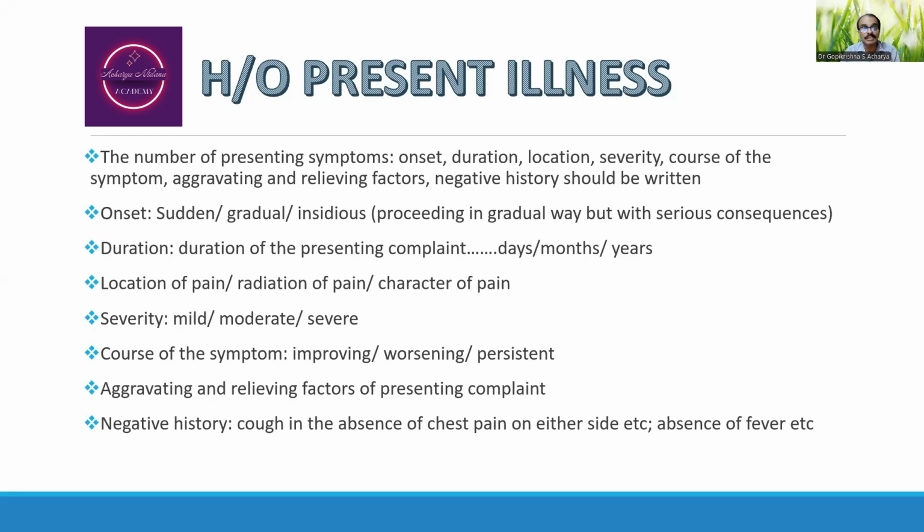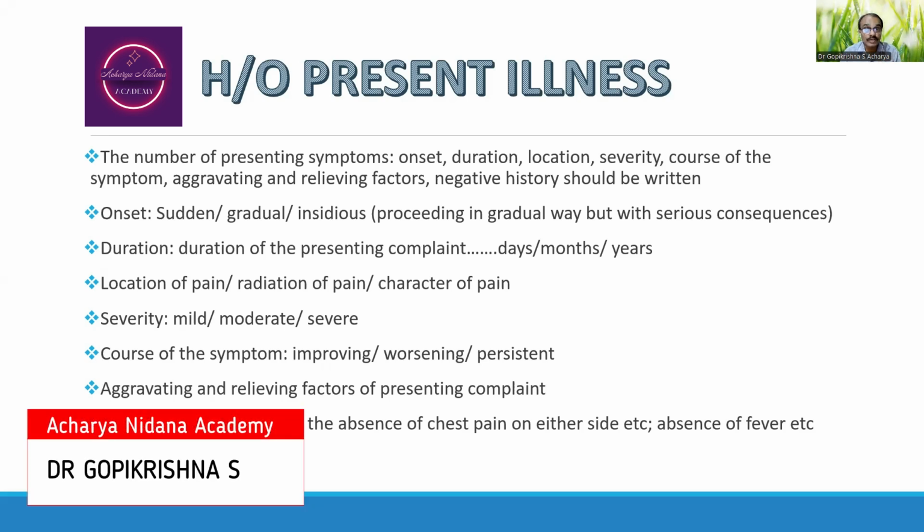For example, pain abdomen since 1 day, or vomiting since 3 days, cough since 5 days, or sneezing since 1 day, or otherwise joint pain since 3 months, or fever since 6 months on and off, or loss of strength since 3 years, or reduced movement of the limbs since 4 or 5 years. Like that, the duration of the presenting complaint has to be written soon after the onset.